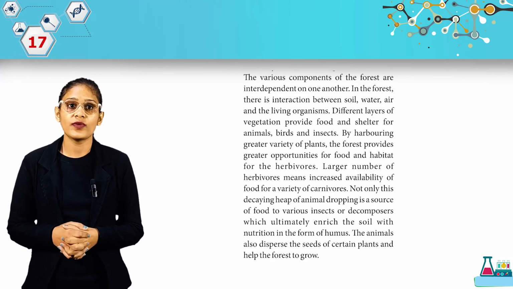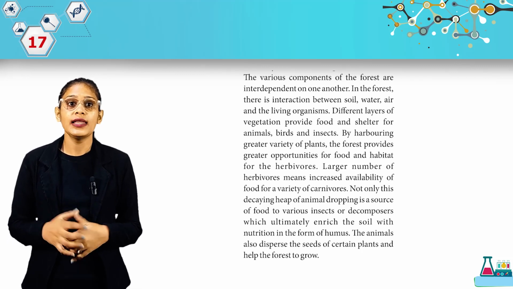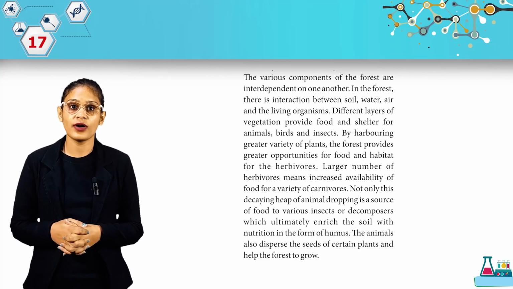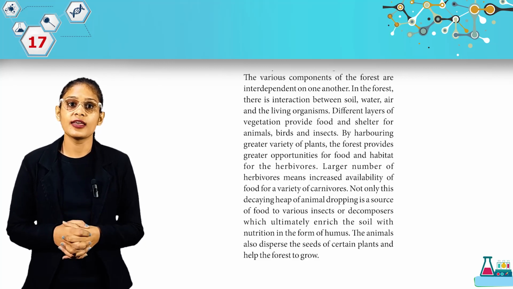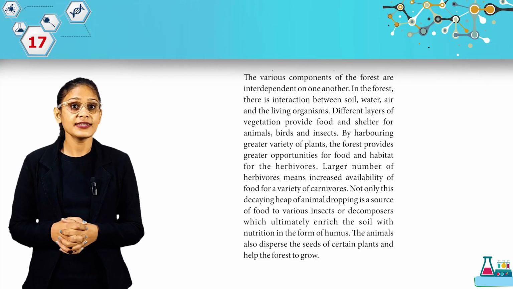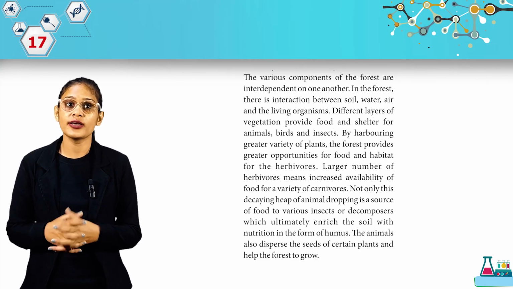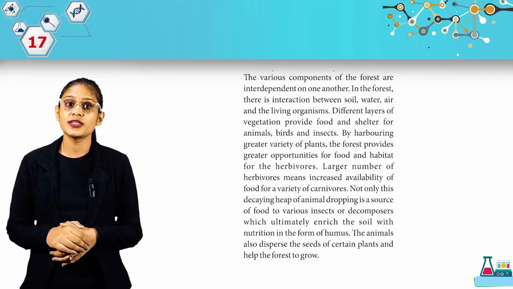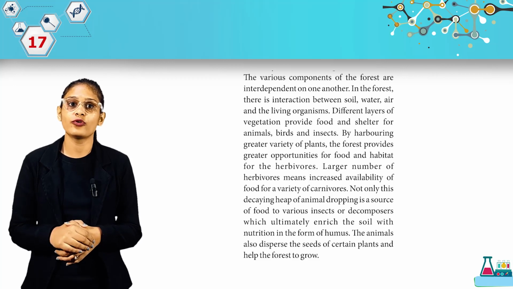By harboring greater variety of plants, the forest provides greater opportunities for food and habitat for the herbivores. Large number of herbivores means increased availability of food for variety of carnivores. Not only this, decaying heap of animal droppings is a source of food to various insects or decomposers, which ultimately enriches the soil with nutrition in the form of humus. The animals will disperse the seeds of certain plants and help the forest to grow.